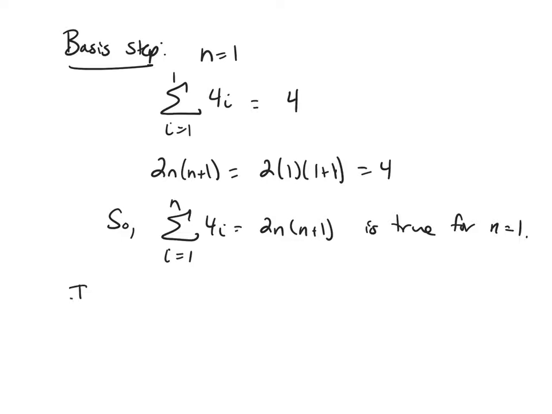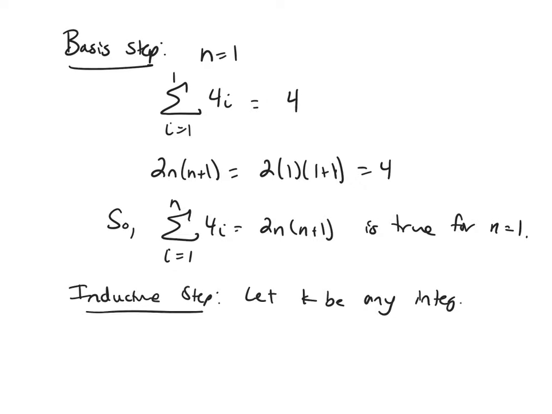So now let's do the inductive step. We need an arbitrary value that's at least as big as our basis step. So let k be any integer that's at least 1, and assume that the formula is true for k.